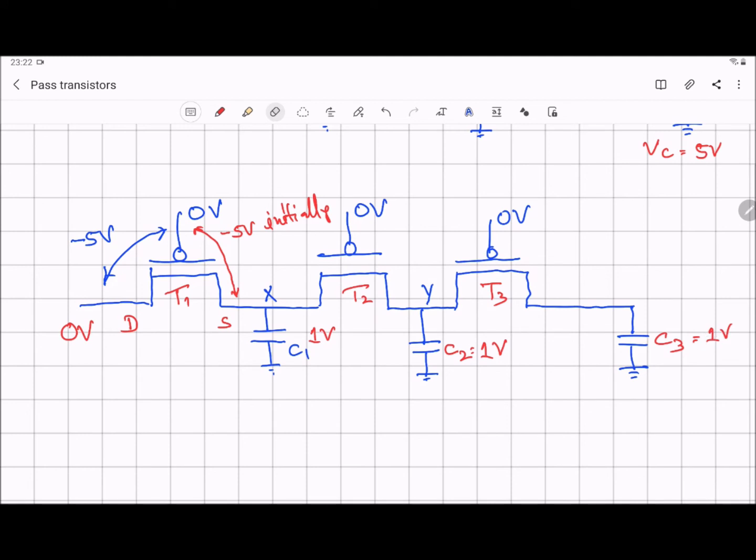So we wanted a logic 0 at the output, but instead of logic 0 or the perfect 0 volt signal, we are getting 1 volt. It means the logic 0 is degraded in PMOS transistors.